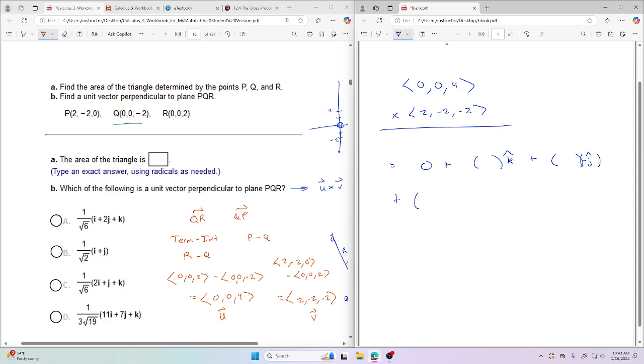Down here, I'm going to get something with a negative K, 0. And then something out here with a plain I. Finally, down here, plain J, negative I, and then a 0 again. So I'm setting it up and getting it ready for whatever numbers I have to put in there.